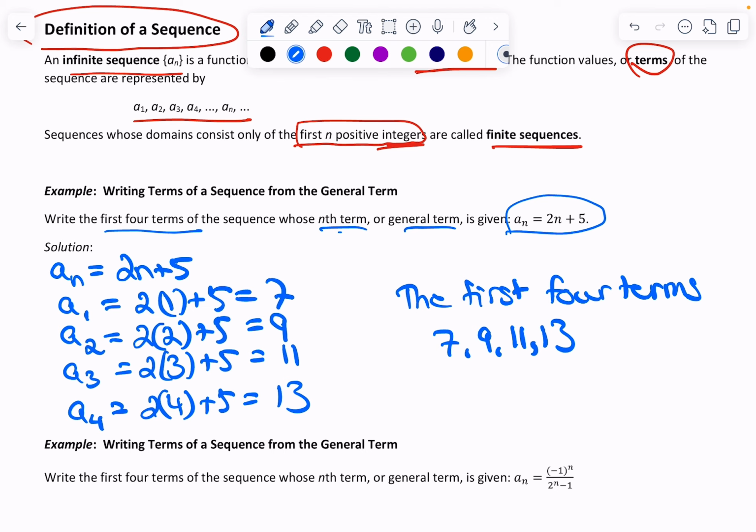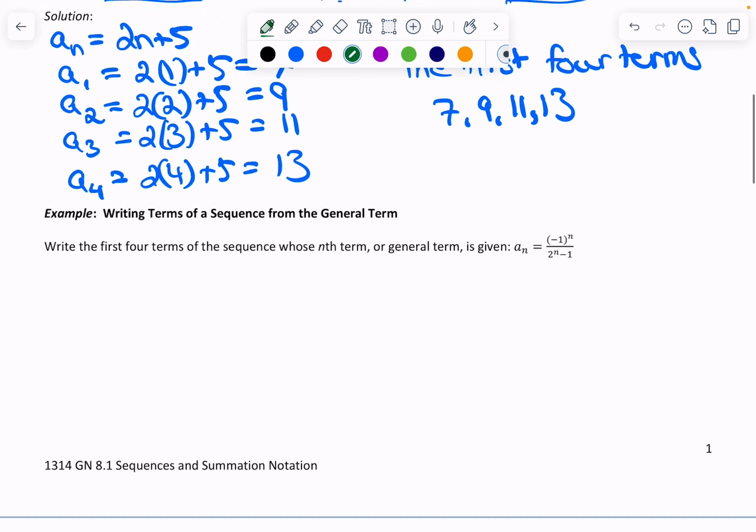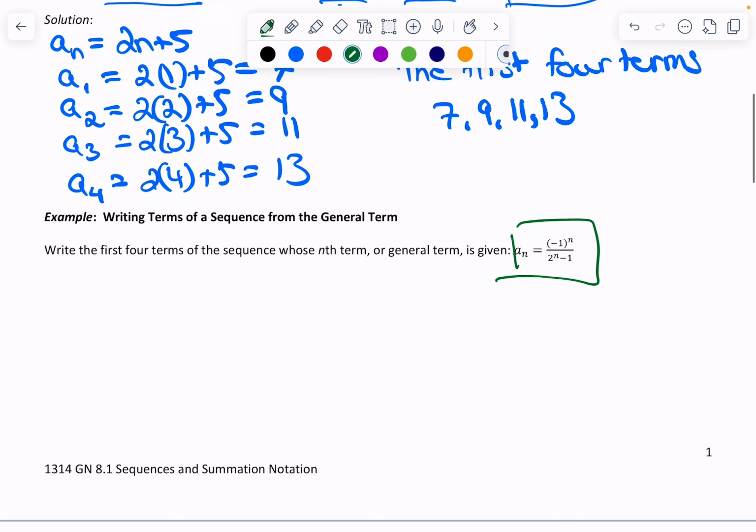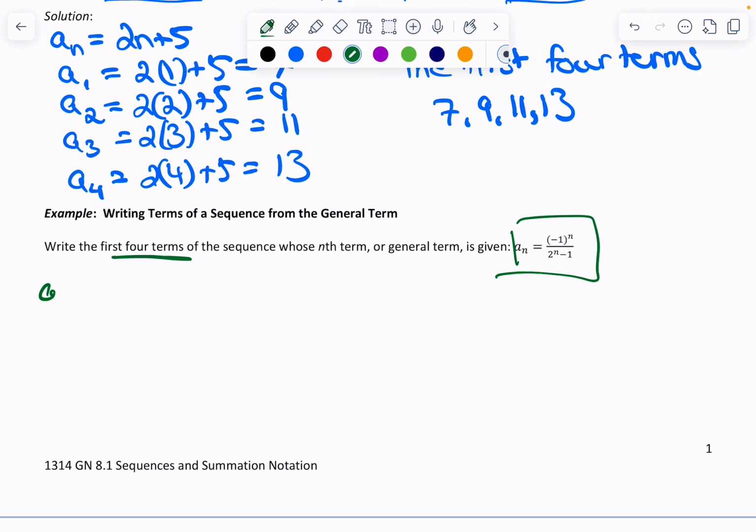Okay, let's look at another one. Again, we're writing the first four terms of the sequence whose nth or general term is given right here. So a sub n equals negative 1 to the power of n divided by 2 to the power of n minus 1.